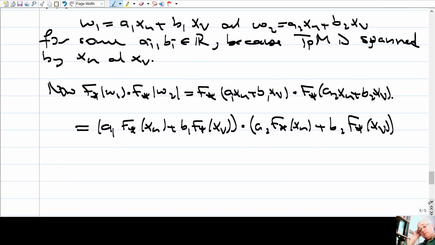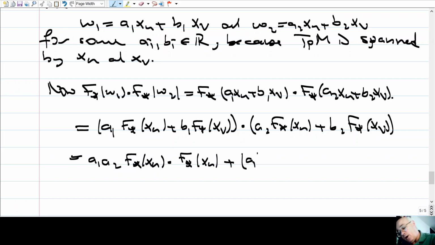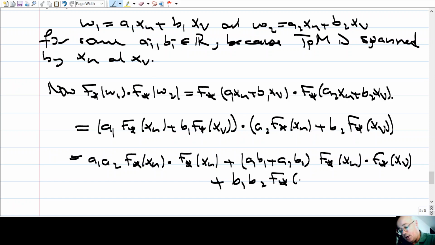And then by just opening this parenthesis, we get what? This is just a1 a2 f star x sub u dot product f star x sub u, and then (a1 b2 plus a2 b1) f star x sub u dot product f star x sub v, and finally b1 b2 f star x sub v dot product f star x sub v.